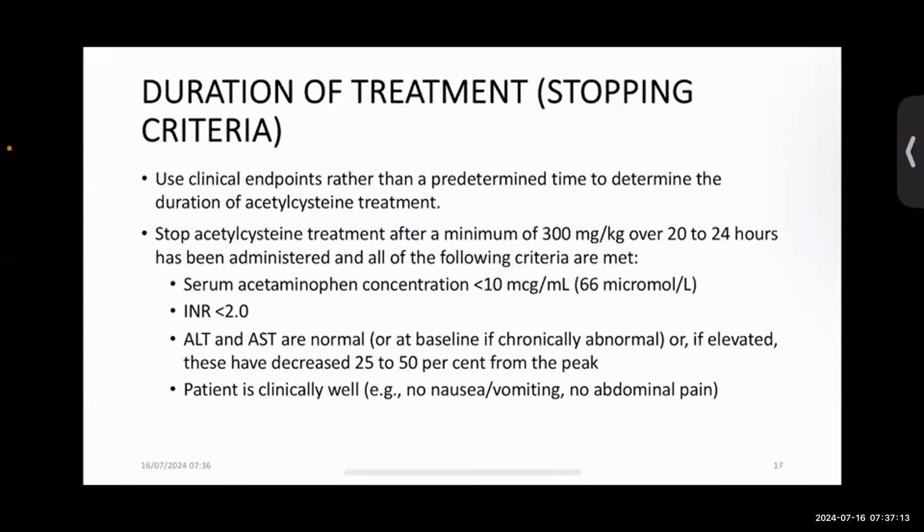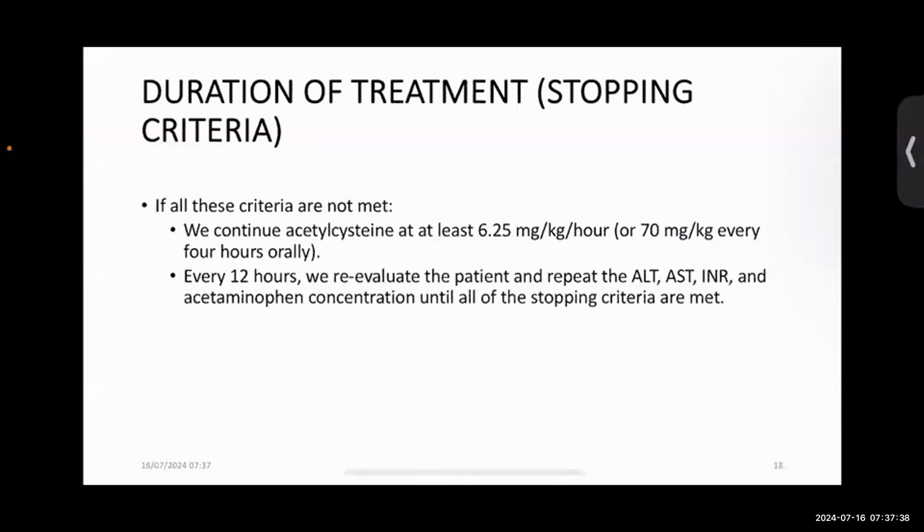For those who are symptomatically well and fine after watching over 24 hours, you check the lab values: serum acetaminophen concentration less than 10, INR normalized to less than 2, transaminases back to normal or decreased by 25 to 50% from the peak, and the patient clinically well with none of those symptoms. Then you can stop the N-acetylcysteine.